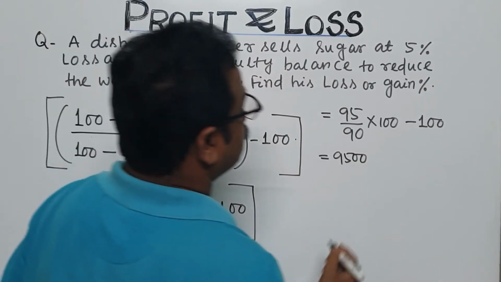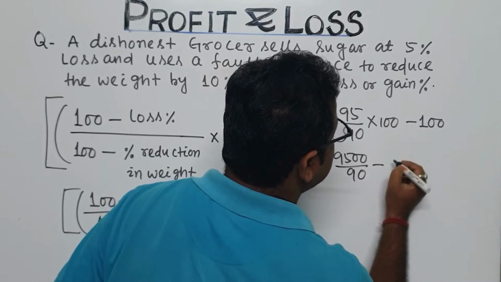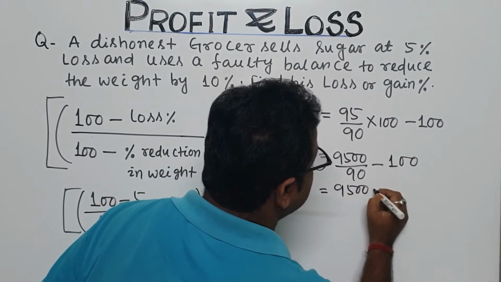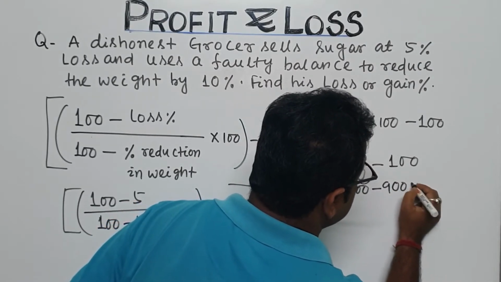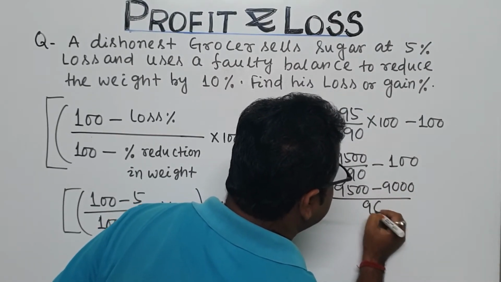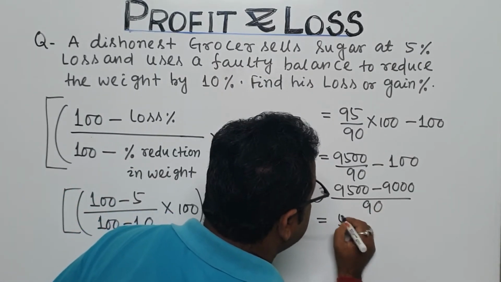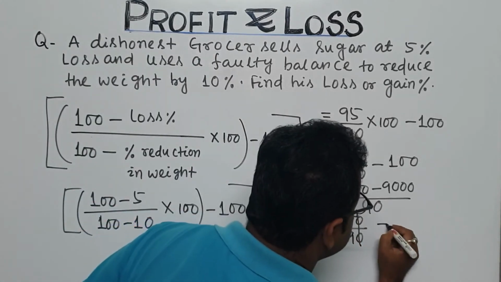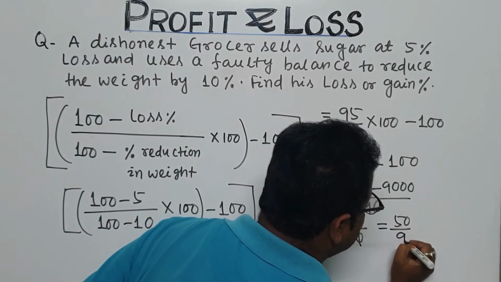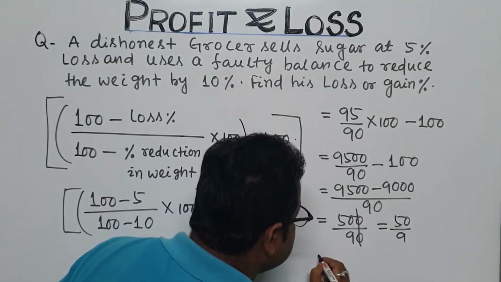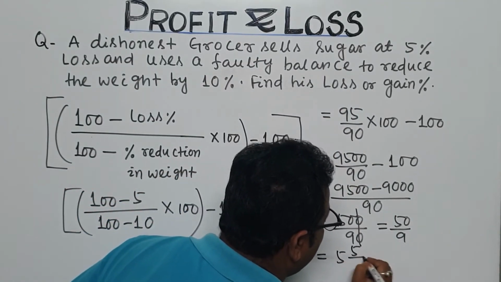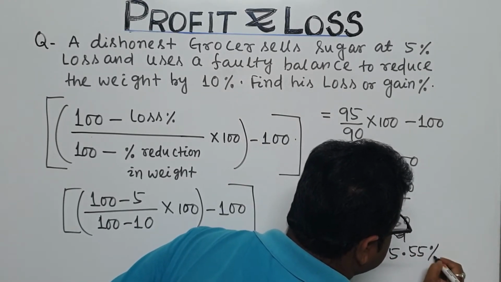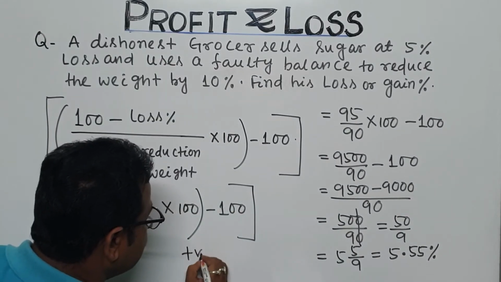That is equal to 9500 by 90 minus 100, simplifying, 9000 by 90. Okay, that is equal to 500 by 90, 00 cancel. So is equal to 50 by 9, so is equal to 5 by 9, is equal to 5.55%, plus positive.